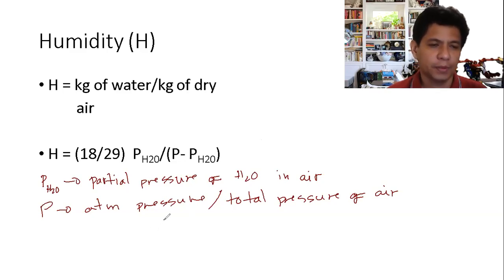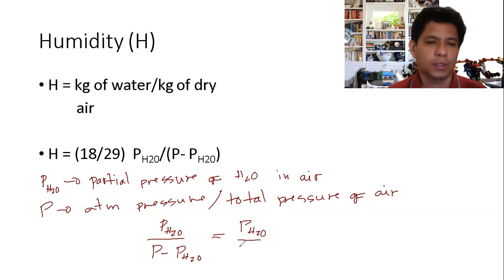So pH2O divided by P minus pH2O is the same as pH2O divided by P dry air, because when you remove water from air, you're going to have dry air. That's why these two equations are the same.